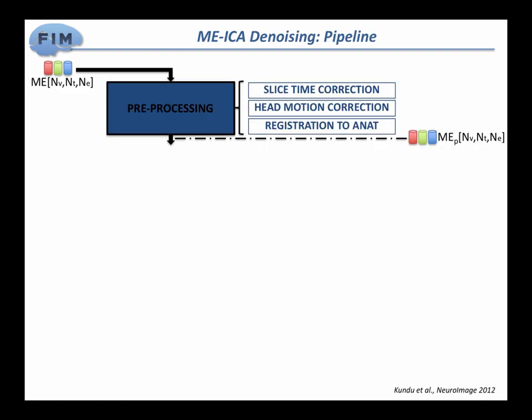So the first thing you need to do is to pre-process your data a little bit, and there are many different things you could do. If you want to talk to us, either me or Dan or people in the AFNI group, about what's the best pre-processing to do, we're happy to do so. Unfortunately, I cannot give you guidelines on exactly what you need to do. But at a minimum, you want to do slice timing correction and head motion correction.